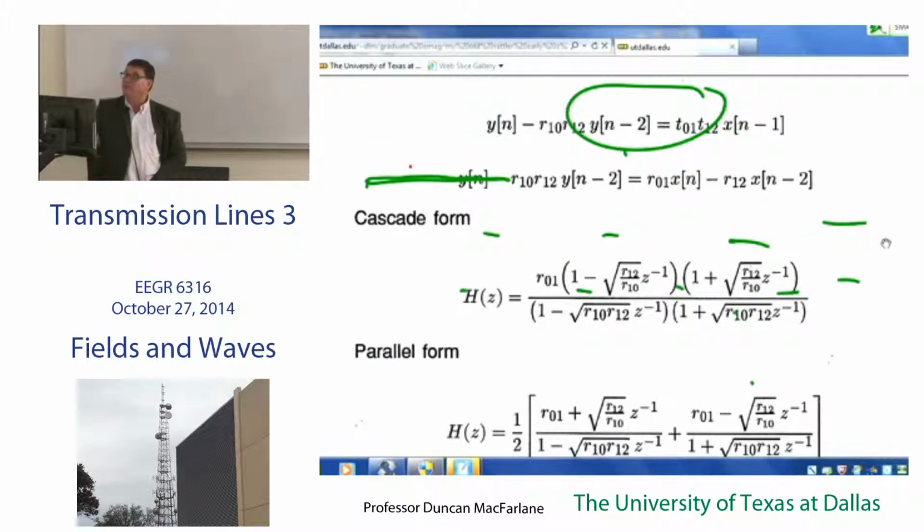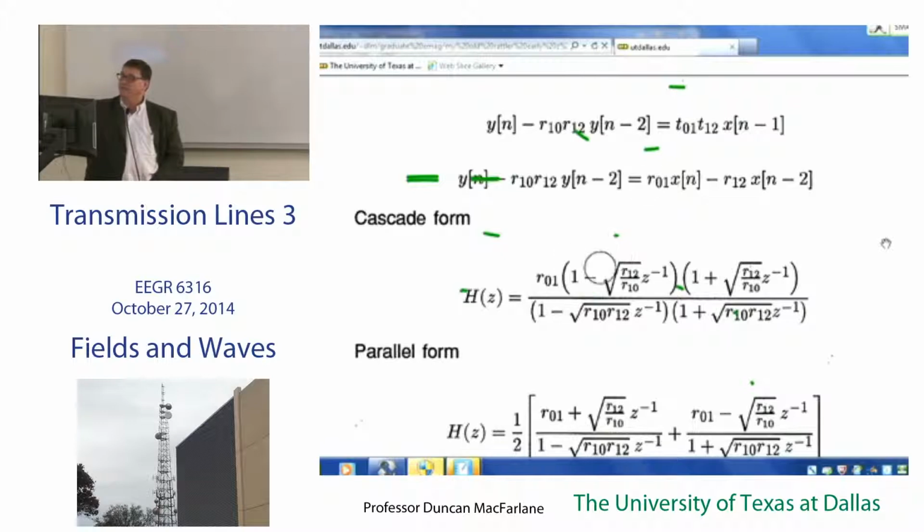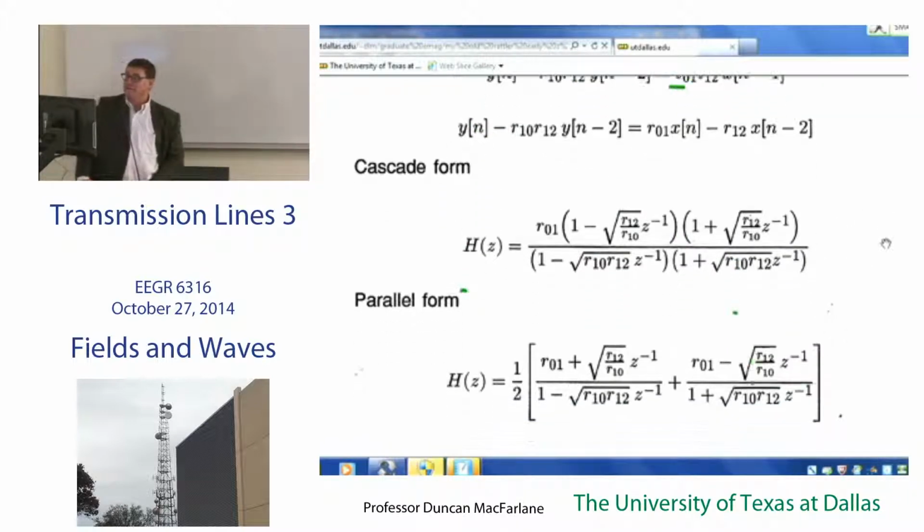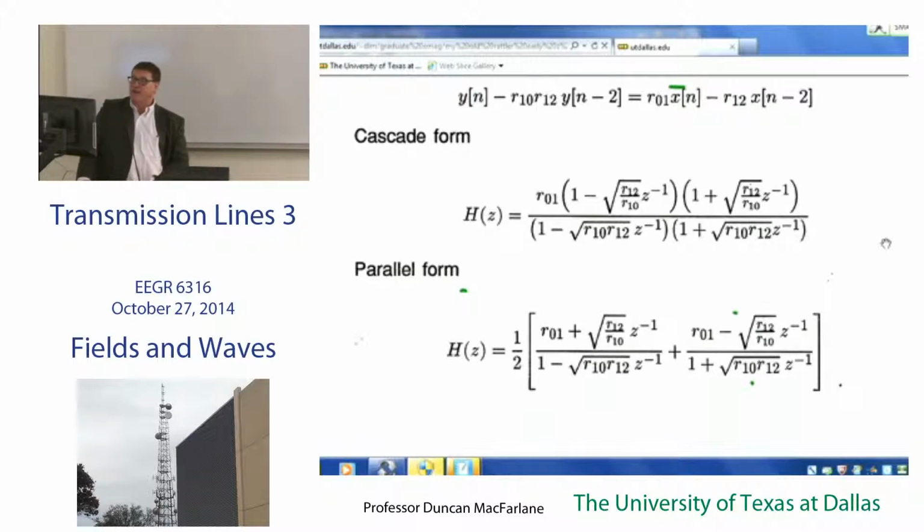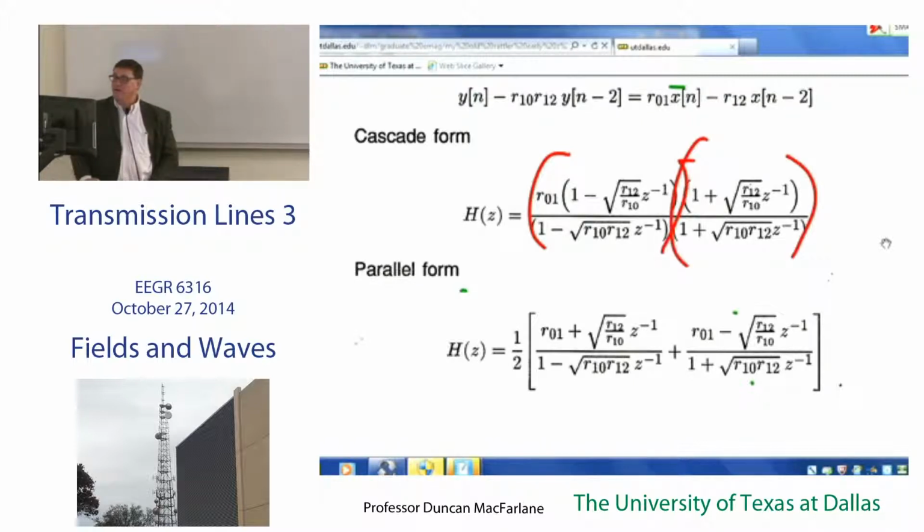If you want to realize this transfer function in other architectures, you can factor it in cascade form. So you'll have a first filter cascaded with a second filter. Or you'll have it in parallel form, like that.